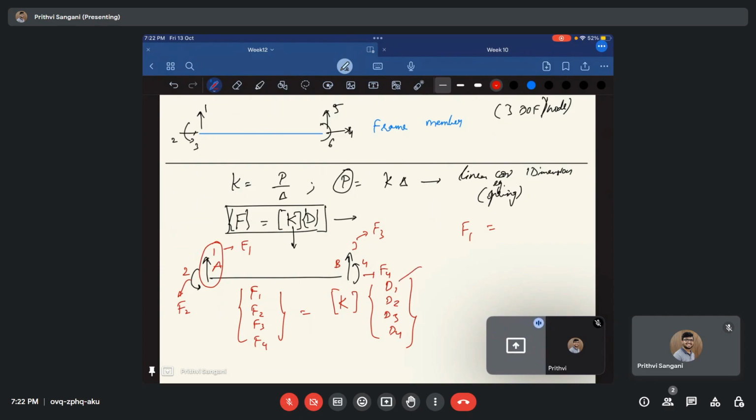Now, what is D1, D2, D3, D4? D1 is the displacement in direction 1.